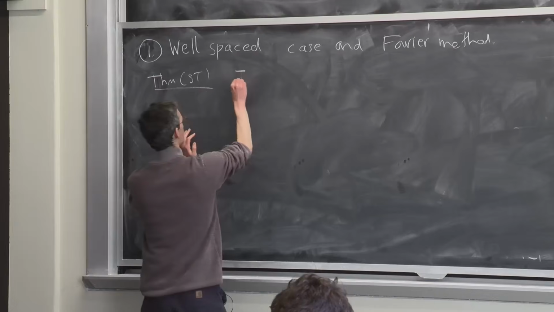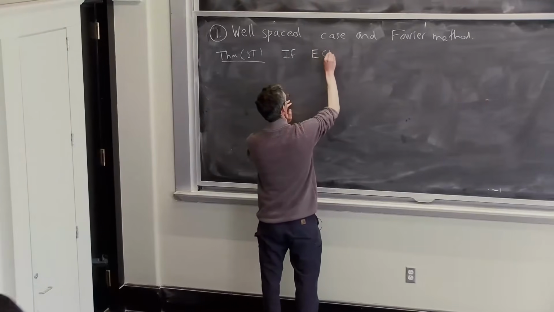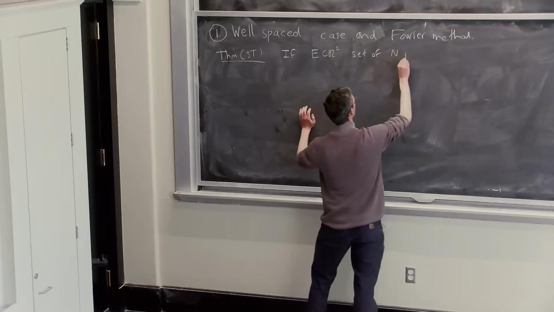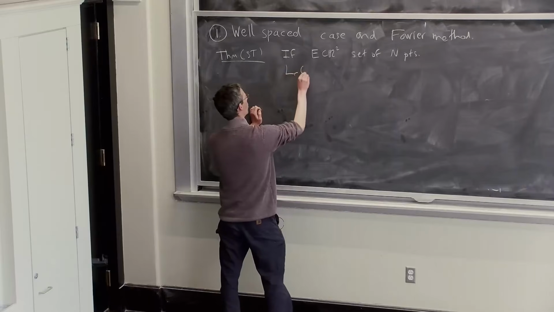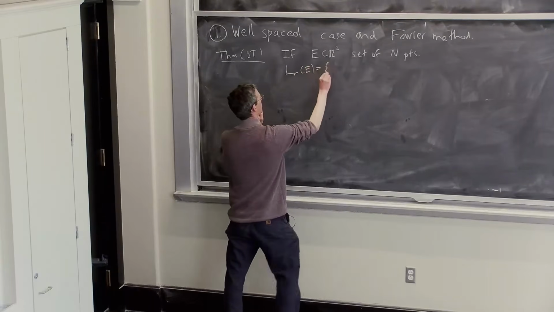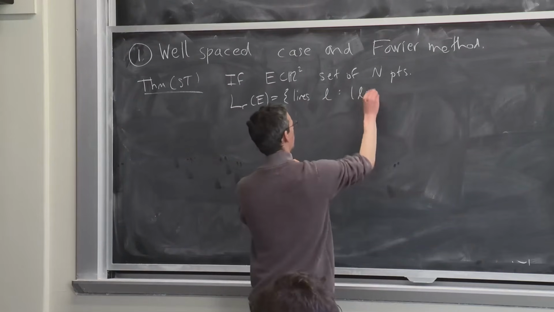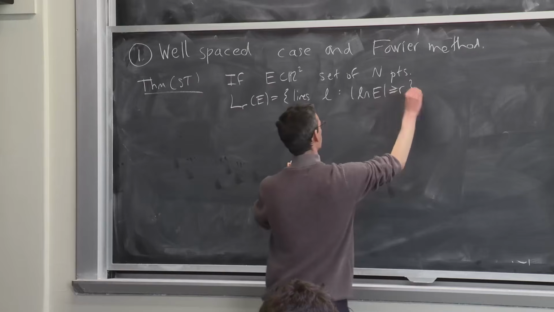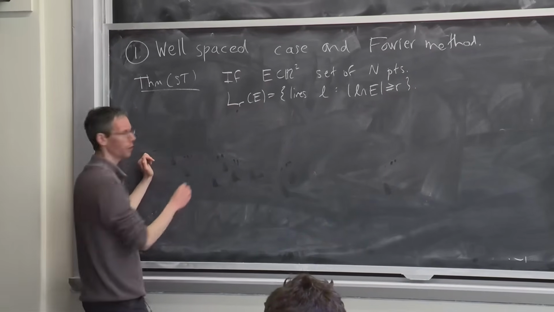And here's the version of it that will be relevant for us. So if E contained in R2 is a set of n points, and L sub R of E is the set of lines little l, so that little l intersect E is at least R. Then the question is, how big could this be in terms of n and R?